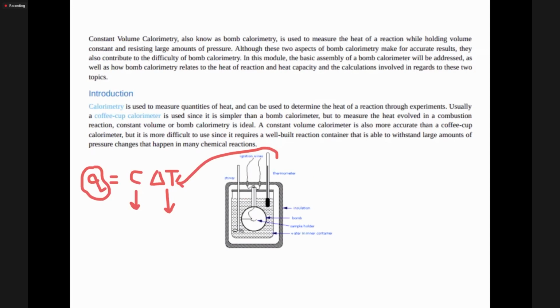Now, for any chemical reaction, the heat absorbed at constant volume is measured in a bomb calorimeter. Here we are talking about a steel vessel, that is the bomb, that is immersed in the water bath. This is the bomb.